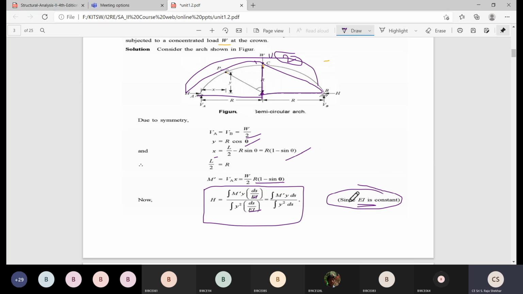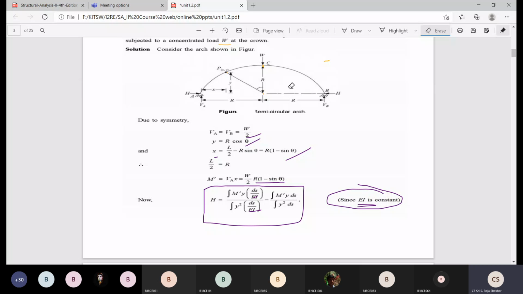So for the arch, if it is made with the same material, then EI is equal to constant. EI depends on the cross section area, and if the material and the cross section area are the same, EI will become constant.